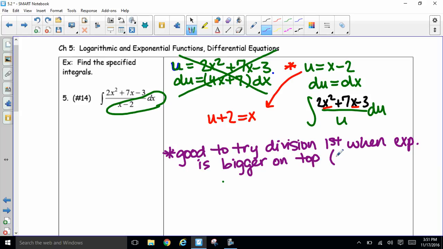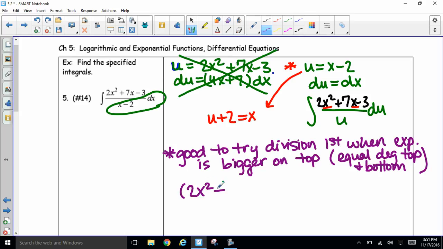I'm also going to put in parentheses, in Calc BC, we'll see this a lot, when you have equal degrees on top and bottom. So we can kind of expand this technique throughout the year. But it's a good idea to try division when your exponent is bigger on top, when you have an improper fraction.